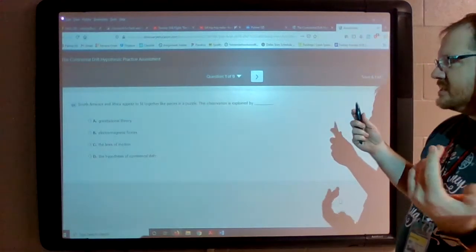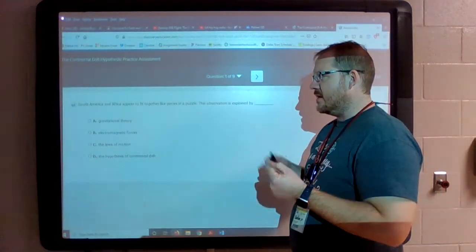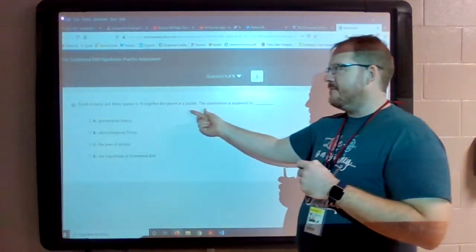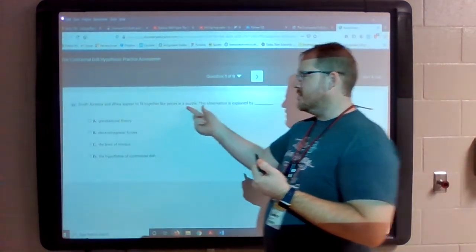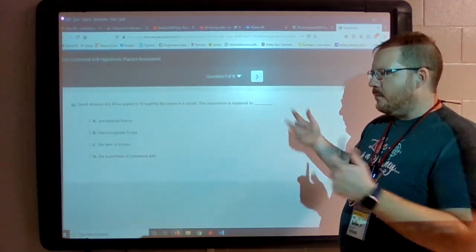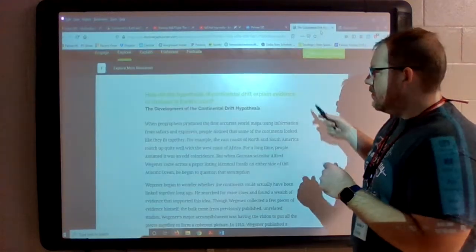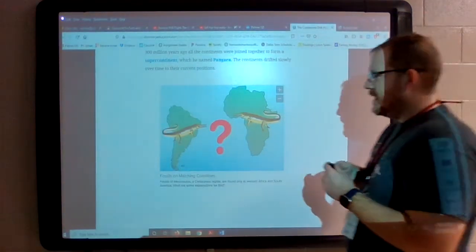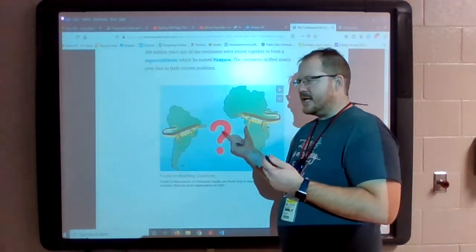Let's look at the questions and see what kind of answers they're talking about. So right at the beginning, they talk about South America and Africa appearing to fit together like puzzle pieces. This observation can be explained by what? What explains the way that Africa and South America appear to fit together?